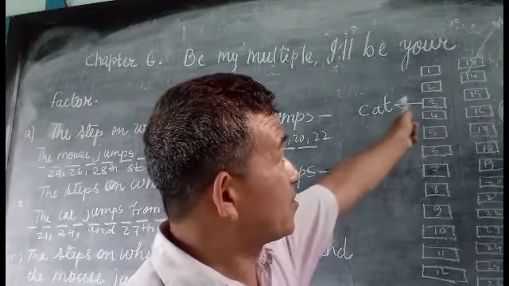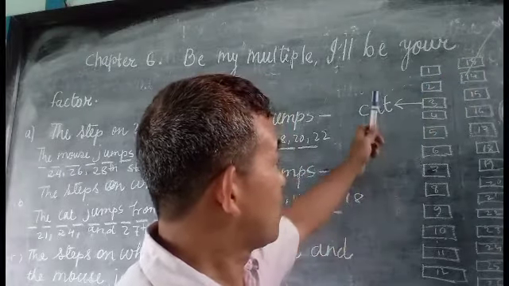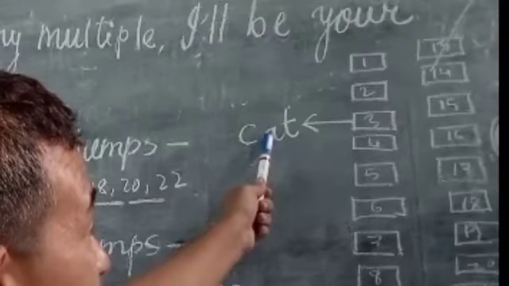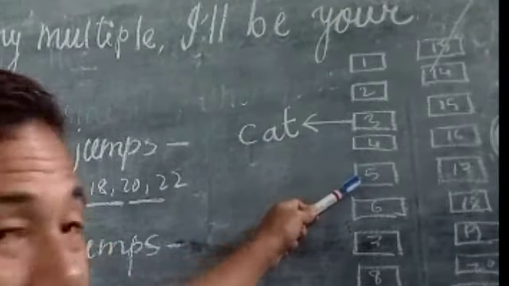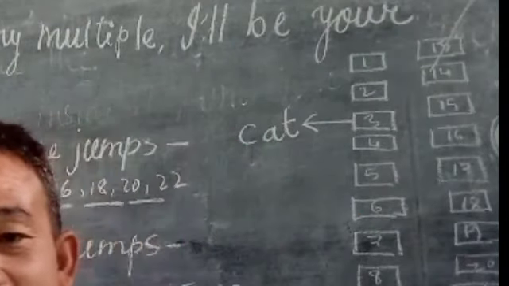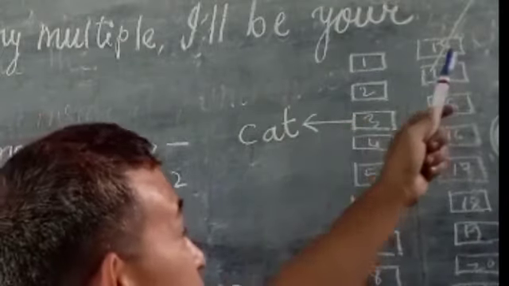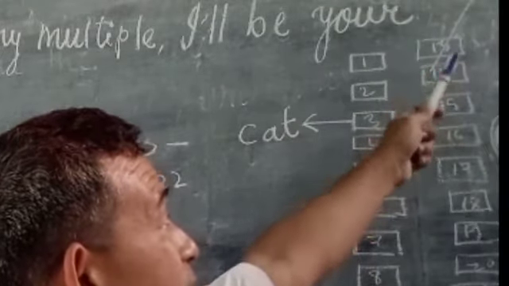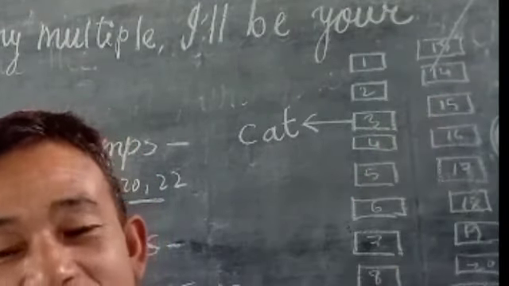There is a cat and a mouse. The cat can jump 3 steps in one jump, and the mouse, Kunjan, can jump 2 steps in one jump.